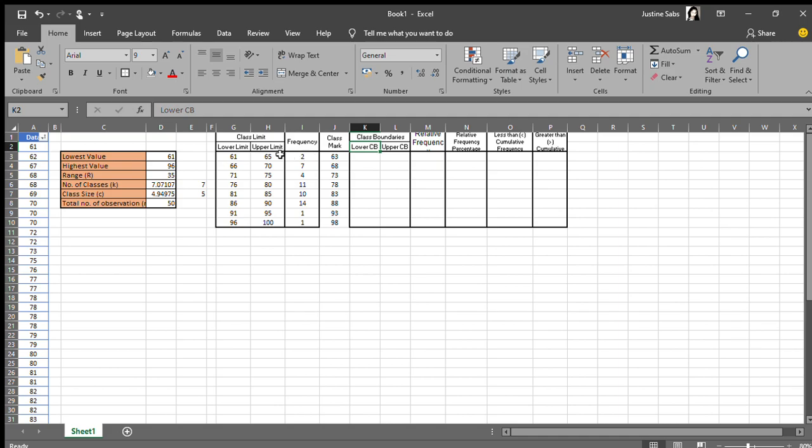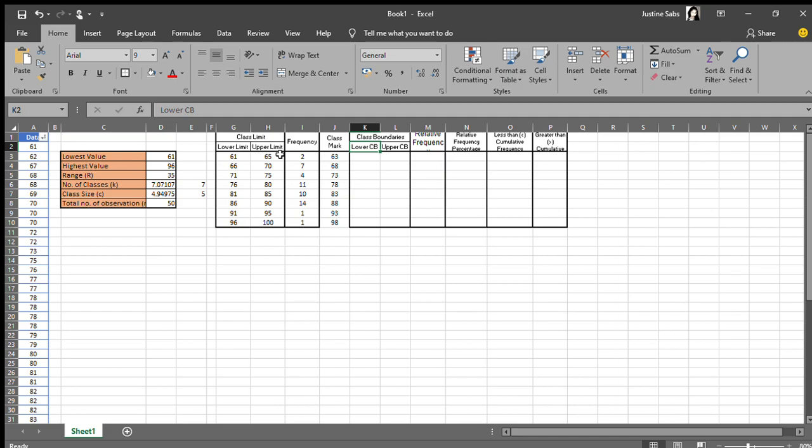So, pag whole number daw, ang ina-add at sinusubtract natin to determine CB or class boundaries is 0.5. If you're dealing with values expressed with one decimal place, you have to use 0.05. If it's two decimal places, that would be 0.005 and so on.